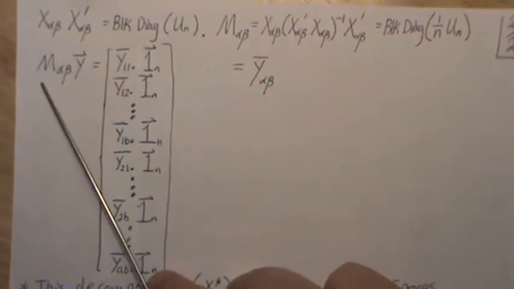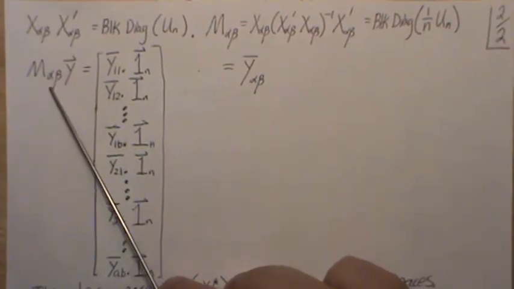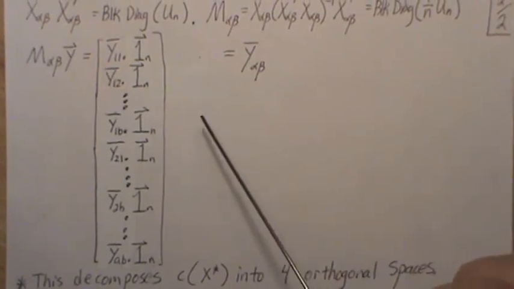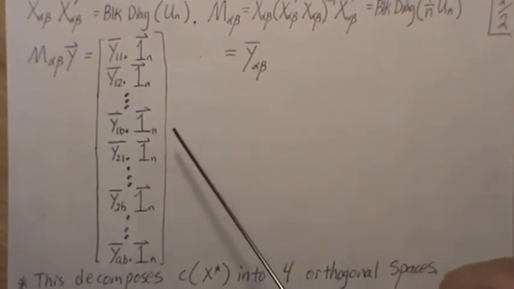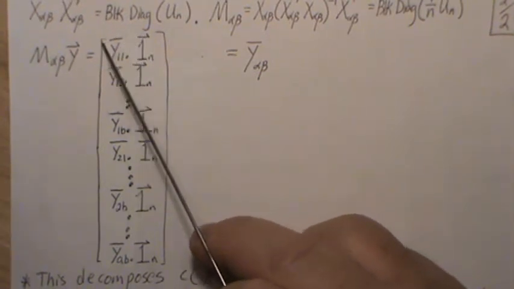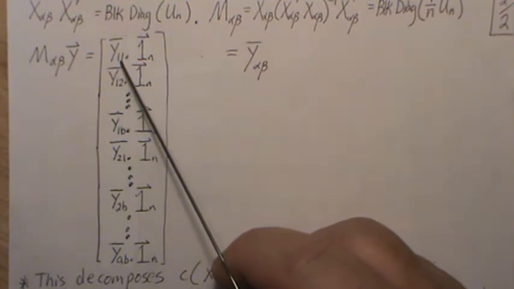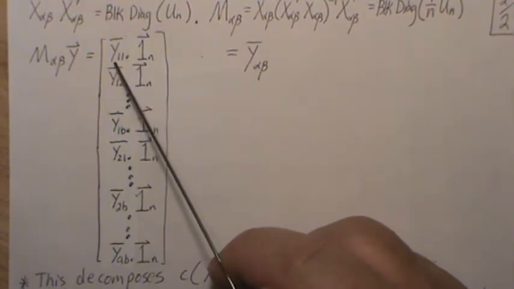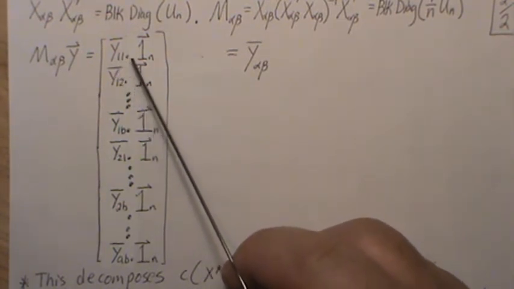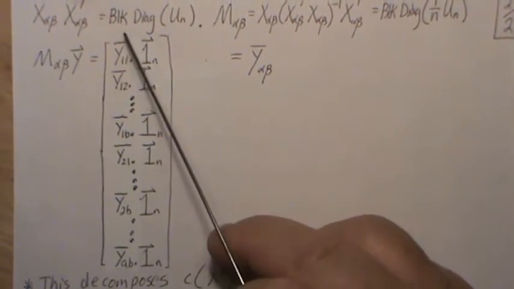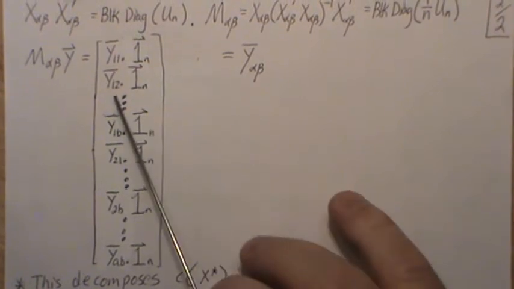So when we take this M alpha beta times Y, it creates A times B little chunks of constant vectors. The first one is the sample mean of cell 1, 1. So that's level 1 of A and level 1 of B. It's the sample mean, and of course times the mean vector 1, so it's repeated n times.